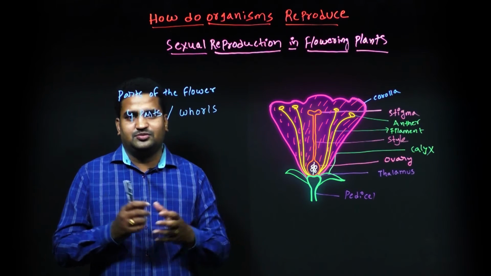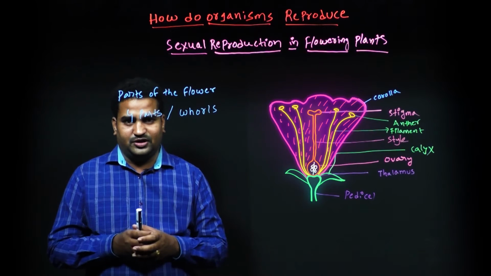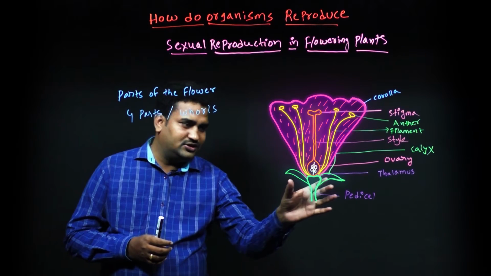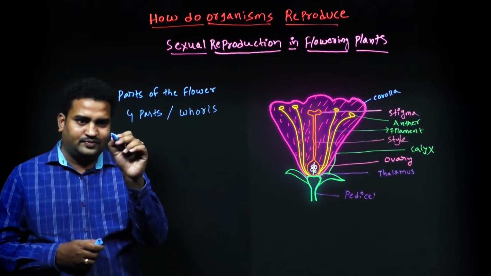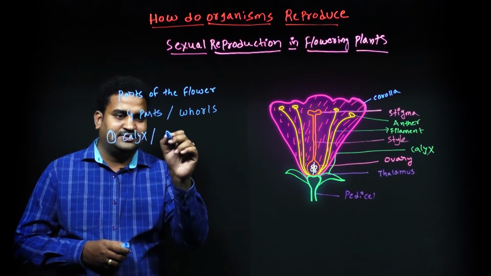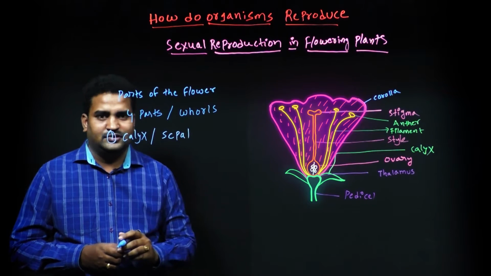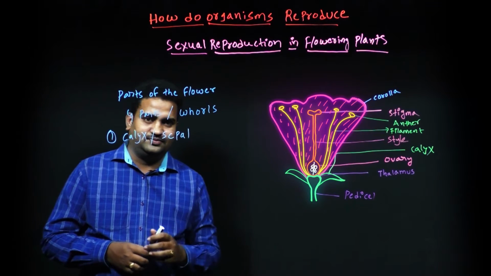The outermost part, which is green in color, is called calyx. This calyx is also known as sepal. This calyx protects the flower in the bud stage.